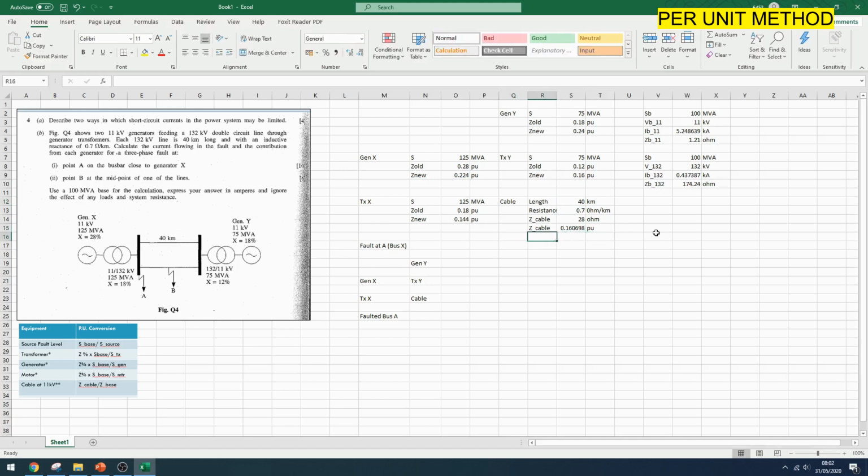So Z cable parallel would be equal to itself times itself divided by itself plus itself, or half of it. So that will be the Z cable in parallel.